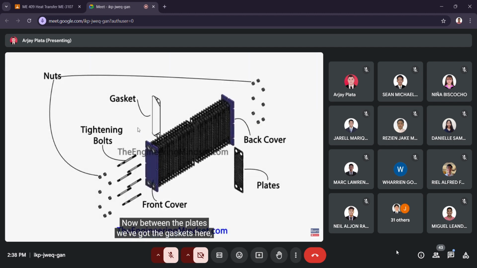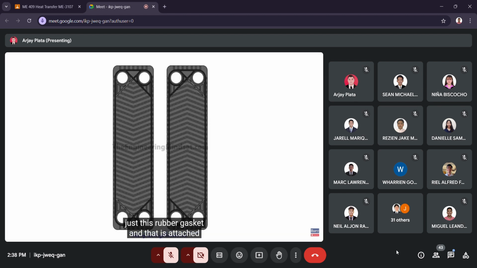Now between the plates, we've got the gaskets here, just this rubber gasket, and that is attached to the face of the plate. The purpose of the gasket is to ensure a tight fit and to prevent leaks. The gasket also allows or prevents the flow of fluid into the sheet.